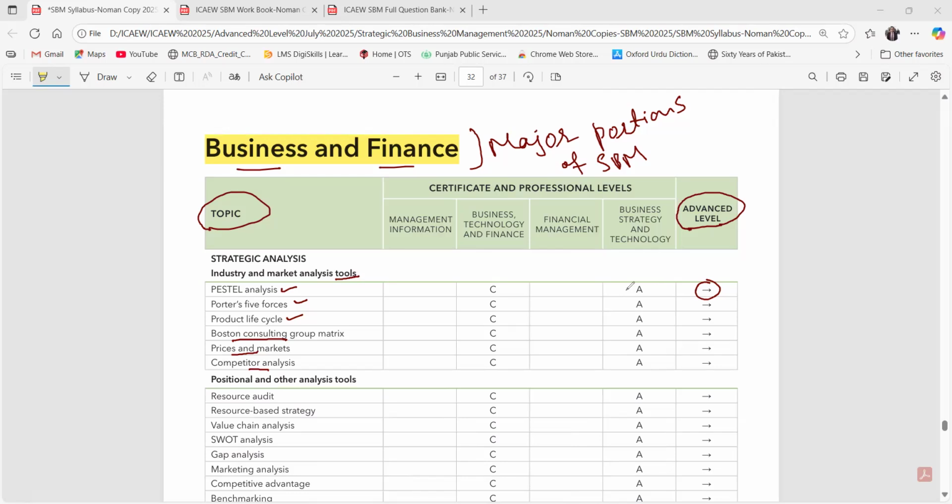We can see that all of them have A. So all of these topics are at the broader level, level A. Here you require solid understanding and comprehensive knowledge of these topics, because they could be tested at a complex level.